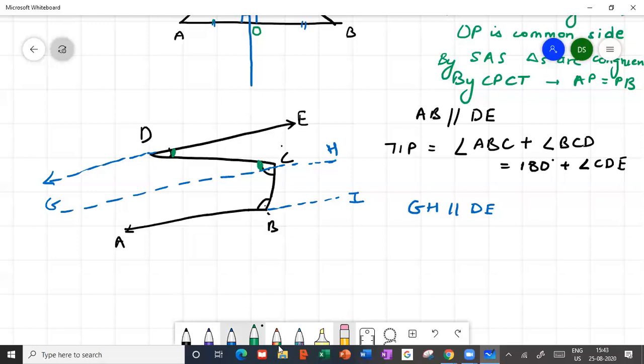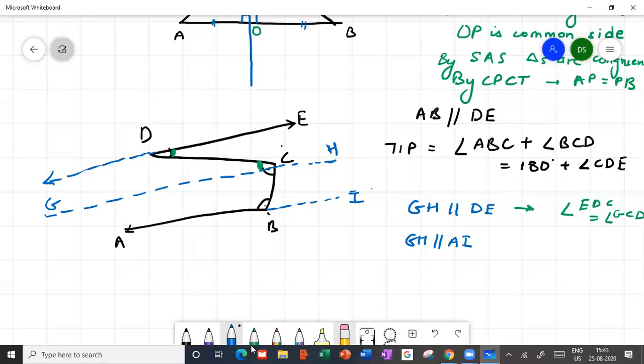Cool. Now GH is parallel to DE, correct? From here we said, let me just write it down, angle EDC is equal to angle GCD. No confusion in this, right? Now again I will say that this GH is parallel to AI, correct? These two lines, this one and this one.